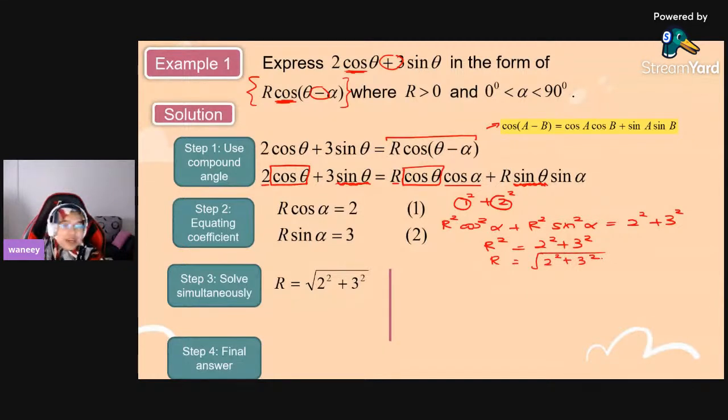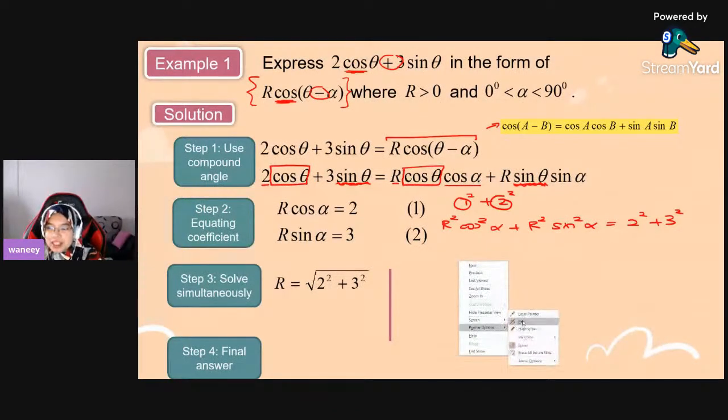Oh, by the way, where did the cos squared and sin squared go? That is actually because of the identity. Okay, let me erase that part, because otherwise some of you might get confused. Where did it go?